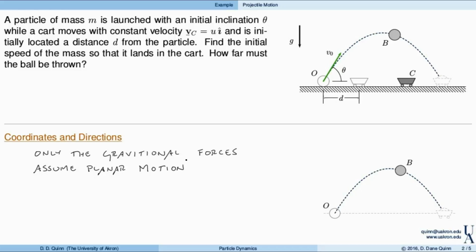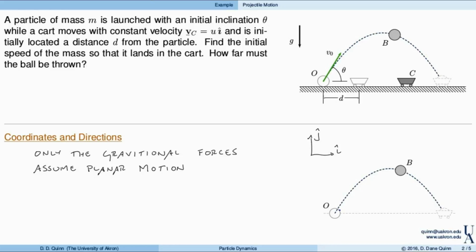So now with that, we would like to define coordinates and directions that will help us to describe the configuration of the system, including the position of the ball and ultimately the position of the cart as well. So in terms of coordinates and directions, let's start off with I and j being horizontal and vertical directions relative to the ground.